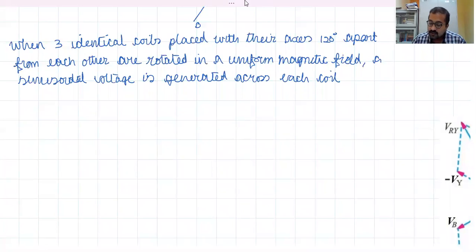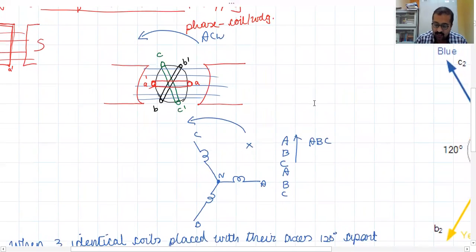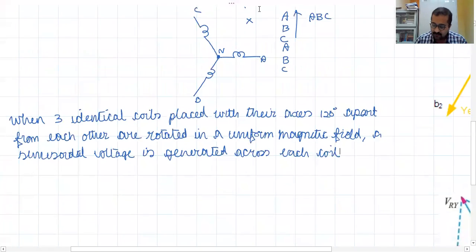So this is what I said. Coil A dash, B dash, and C dash are symmetrically located on the rotor, 120-degree apart.